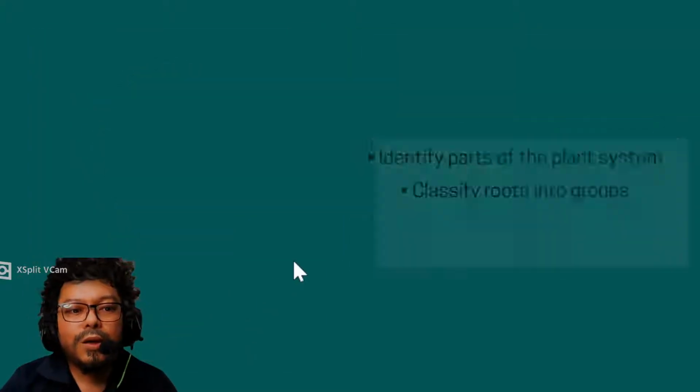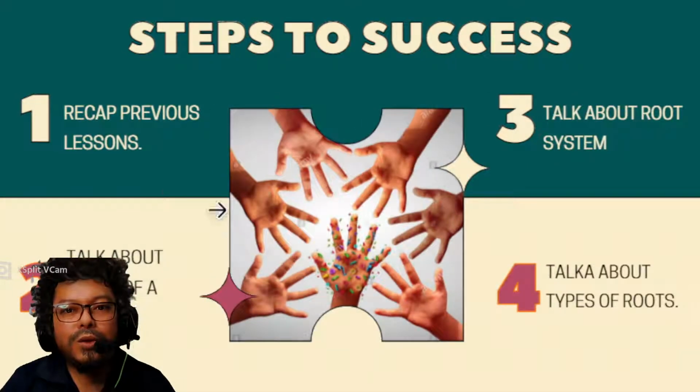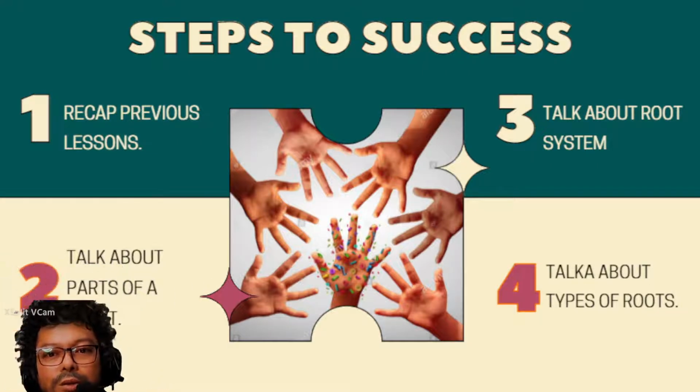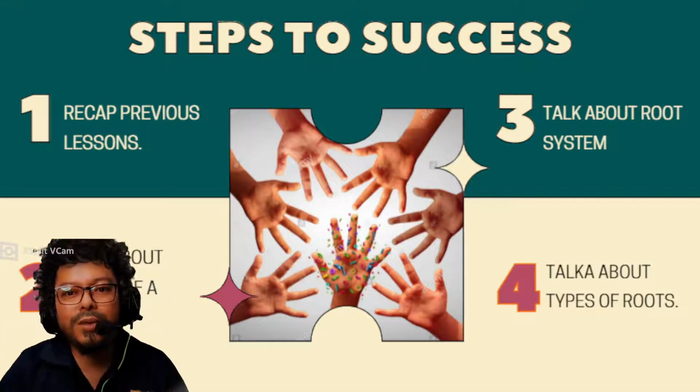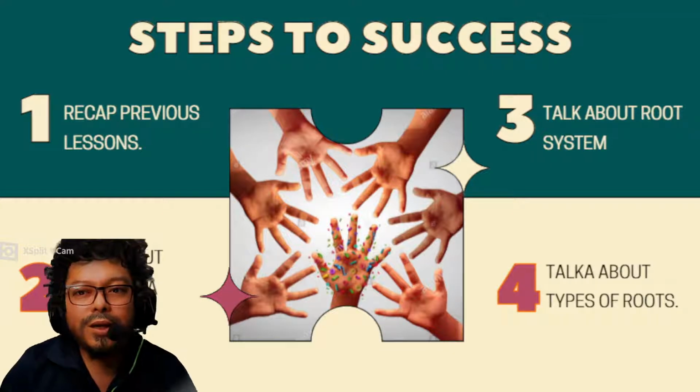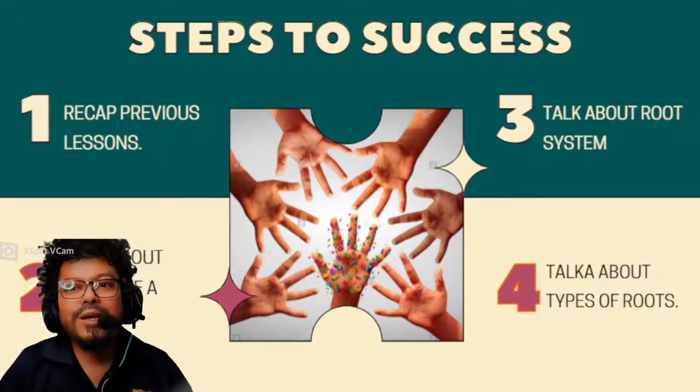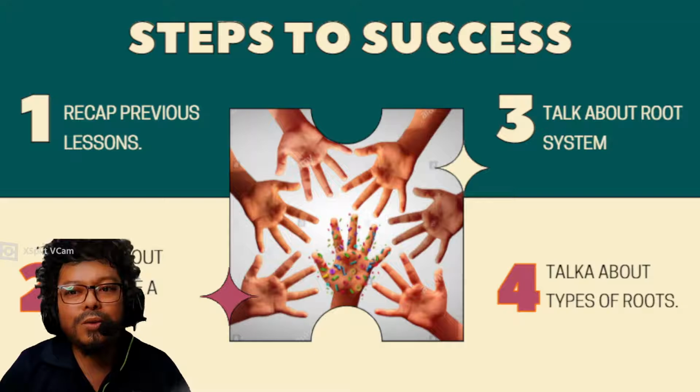Okay. Now, we shall recap the previous lesson, last week's lesson, and we shall talk about parts of a plant, and then we talk about root system, and we also talk about types of roots.